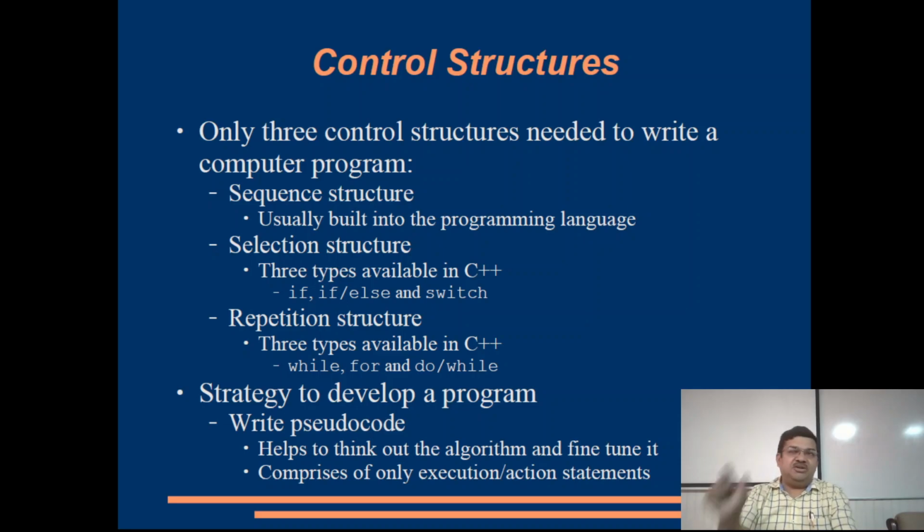So once you write down that logical sequence of steps, you will find that you almost have the structure of the code in front of you. All that you need to do is translate it using the grammar of the particular language that you want to use. So if it is C++, use the grammar of C++. If it is Fortran, use the grammar of Fortran, or whatever.